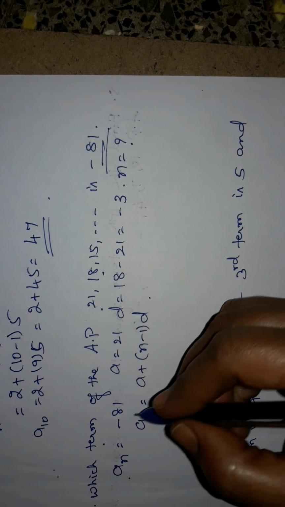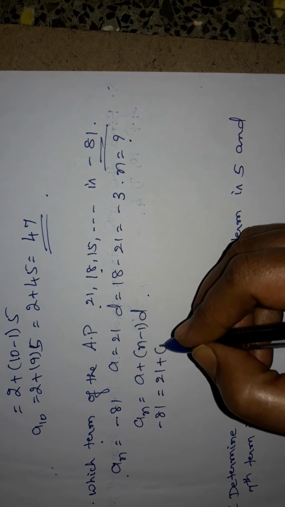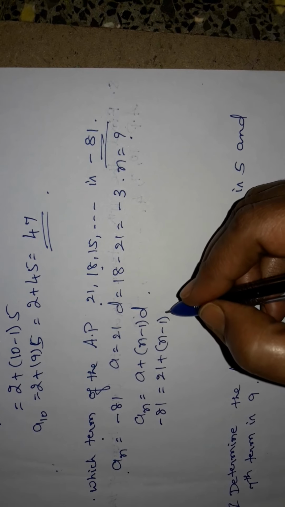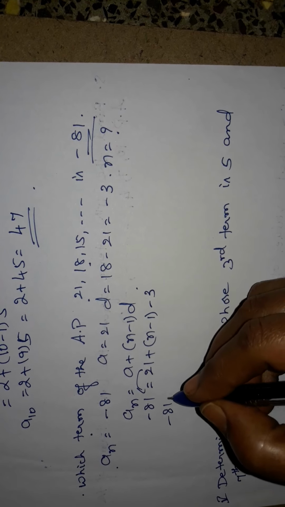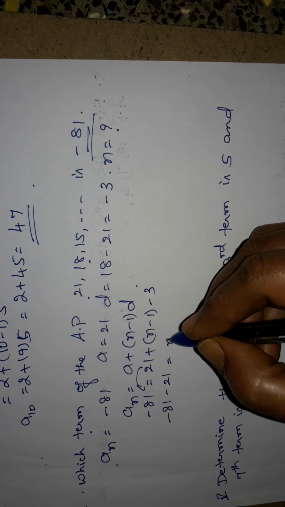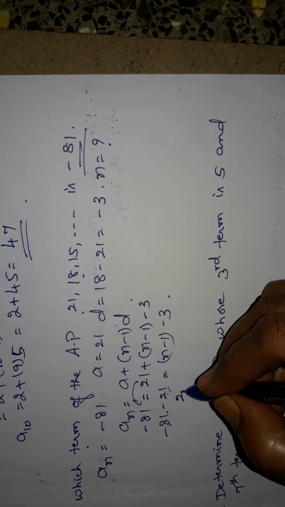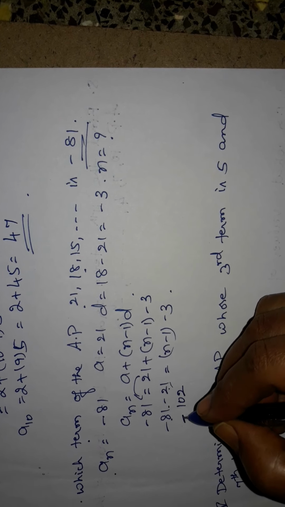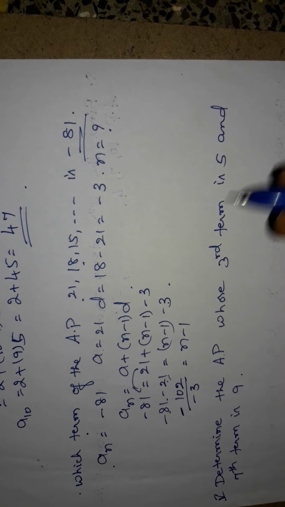In the place of an you substitute minus 81 equals 21 plus n minus 1, we have to find out. D is minus 3. Transpose 21 to this side. Minus 81 minus 21 equals n minus 1 into minus 3. Add it. 1 plus 1, 2. 8 plus 2, 10. Minus 102. Divide this by minus 3 equals n minus 1.